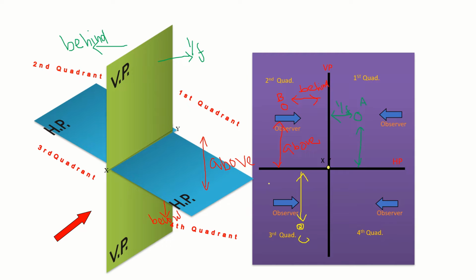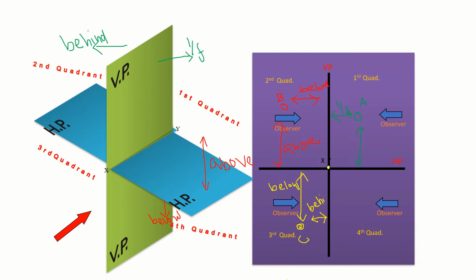This point is below HP and behind VP. Similarly, if a point is in the fourth quadrant, it is below HP and in front of VP. This is how we denote any object in any of these quadrants.